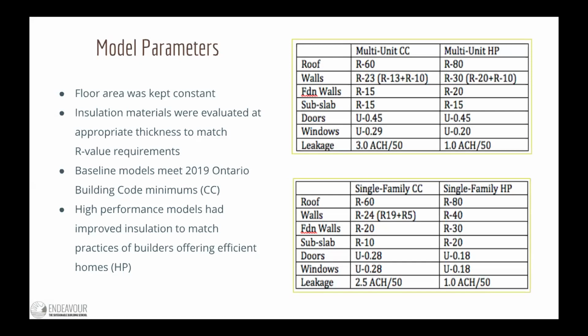The code compliant ones that are marked with CC are designed to meet the 2019 Ontario Building Code minimum efficiency standards. And then for the high performance ones, we did a survey of people doing high performance buildings in Ontario, and this is kind of an average snapshot of what they're doing in terms of improving those R values.